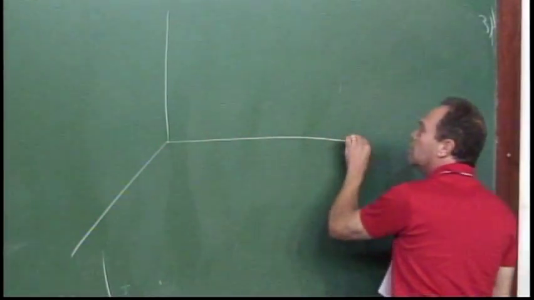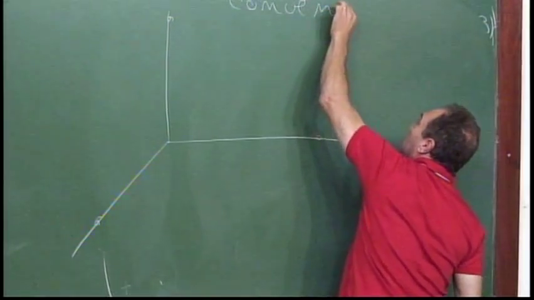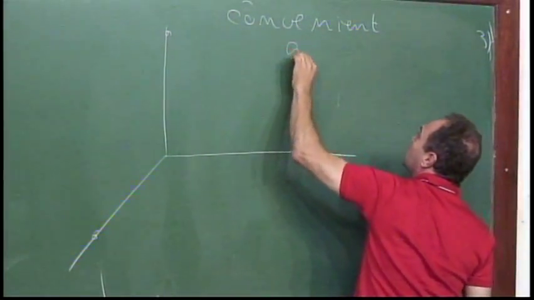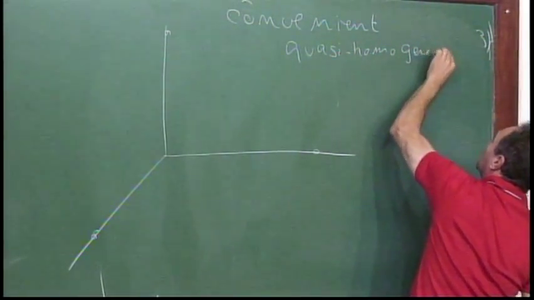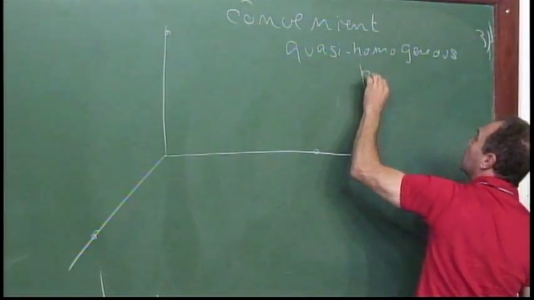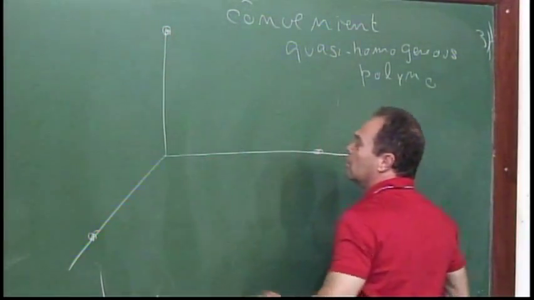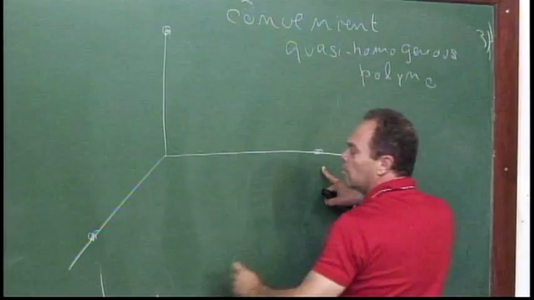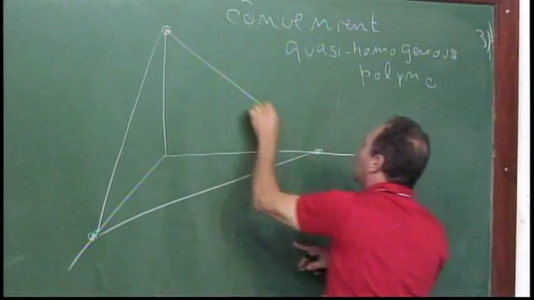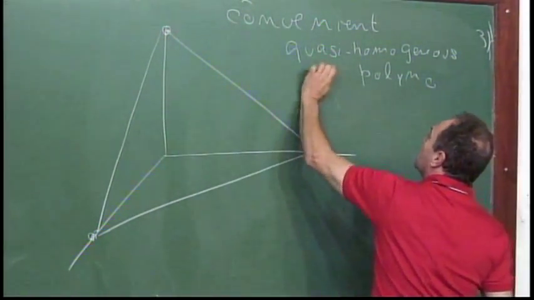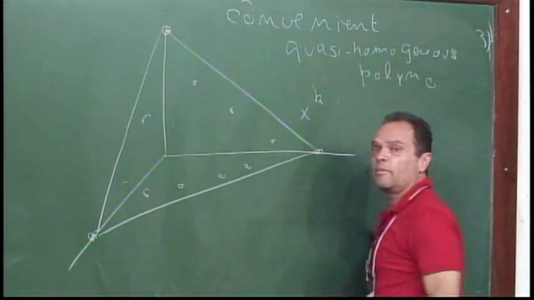If you have a convenient and quasi-homogeneous polynomial, you have all coordinate axes met by some monomials, and you have all monomials belonging to one hyperplane.